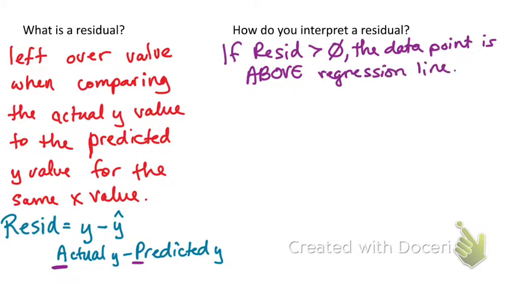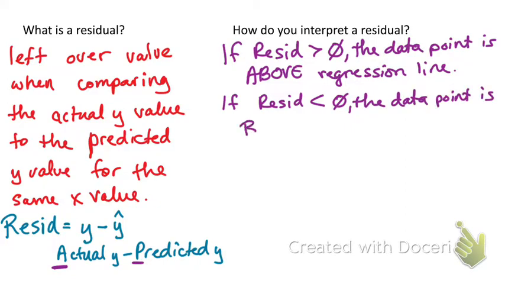Nice. What do you guys think is true if the residual is less than 0? Below. If the resid is less than 0, the data point is below the regression line. Cool.